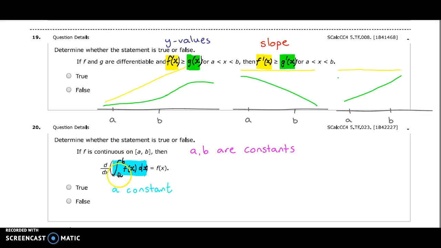Well, one of them should be variable. One should be a constant. You should go from a constant to a variable, and then this would have been the function at that top variable. But if a and b are constants, then what this part is over here, this definite integral, is going to return you a number. The derivative of any constant number is surely not a function.